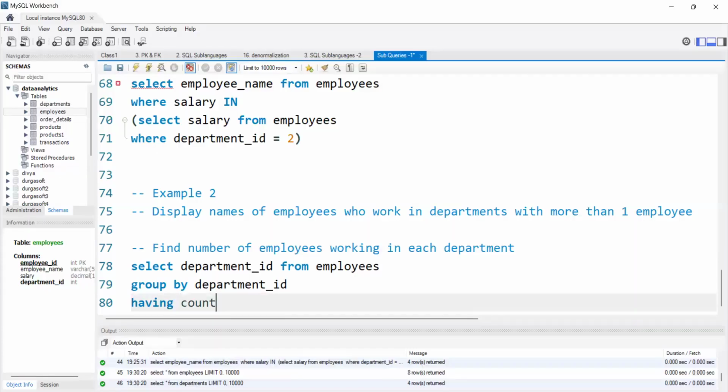I will write it as count star greater than 1. This is my condition. Wherever my employees count is greater than 1 in each department, those details it will give. Correct? Am I right? This query returns all the department IDs where we have more than one employee. Correct?